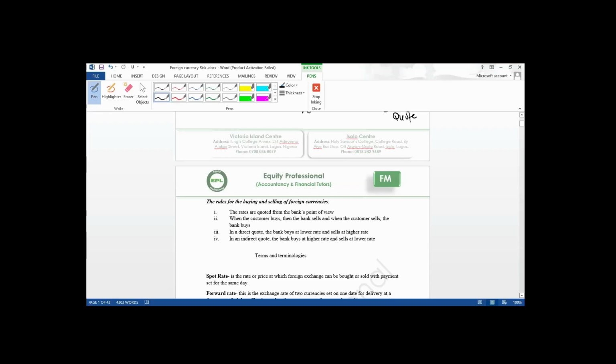Let us explain that briefly. There must be a buyer. There must be a seller. When the customer is the company, when the customer is buying foreign currency, bank will sell foreign currency. And when the customer is selling foreign currency, bank will buy foreign currency.